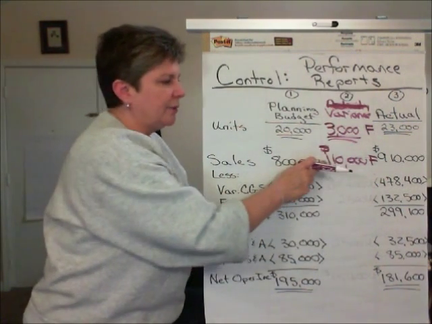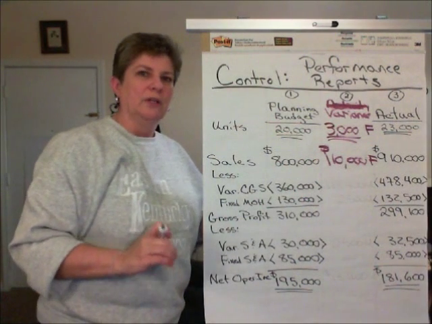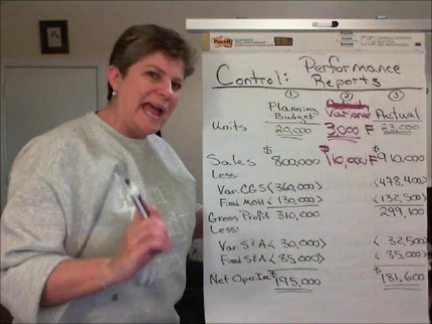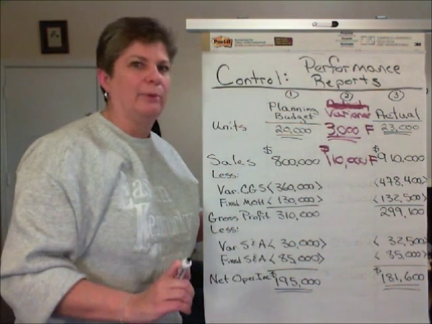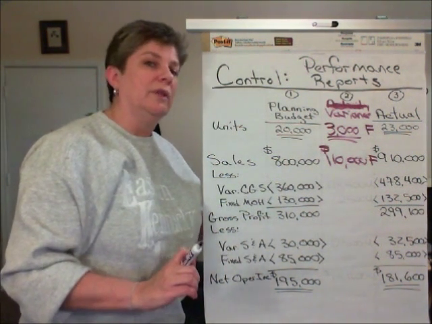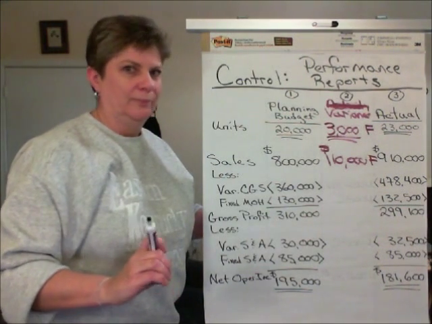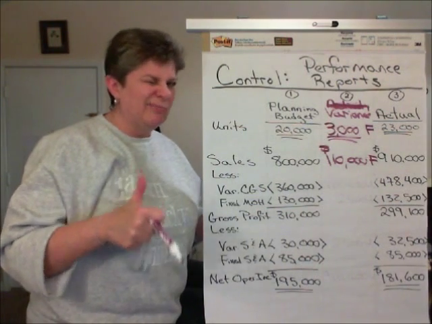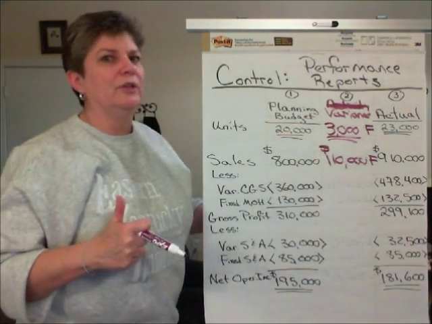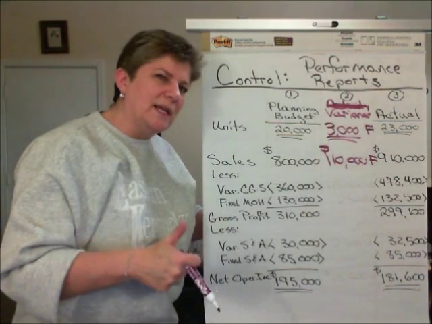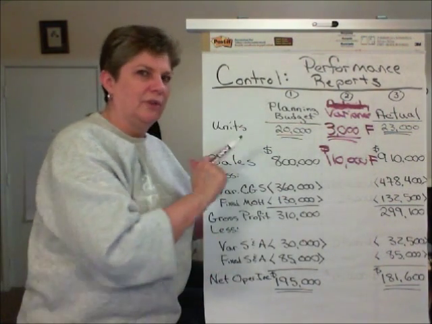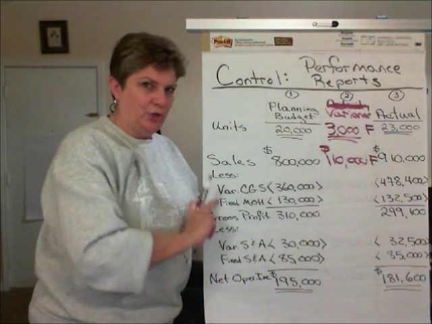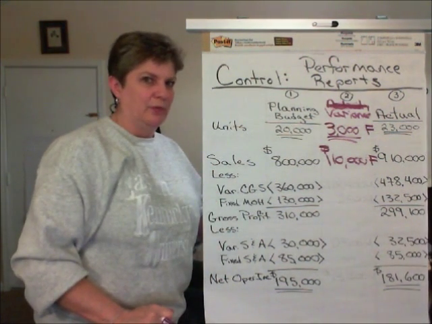So we're going to need to investigate this variance a little bit further to really get down to what happened here, to explain what happened and decide whether it was a good thing or a bad thing overall or not. Again, $110,000 increase, that's probably on the good side, but we need more details to fully analyze what has happened here. Now, let's look at the cost information on this static budget performance report.